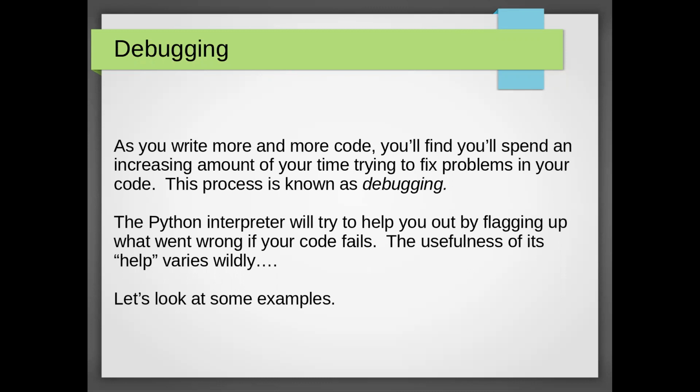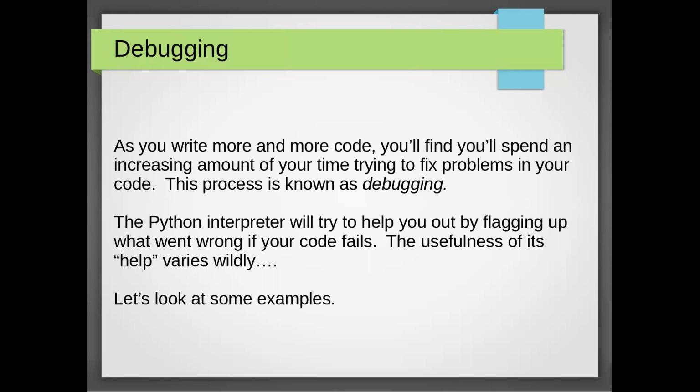So if you're new to coding, you will swiftly find, particularly as you start out, but it won't really get much better, that you'll spend a decreasing amount of time actually writing code and an increasing amount of time staring at your code, shaking your head and wondering why on earth it isn't working.